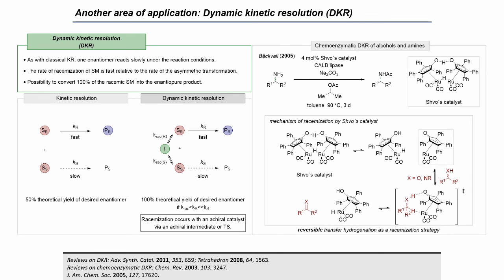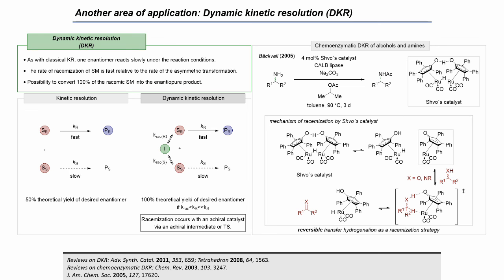The racemization occurs via a combination of dehydrogenation of the chiral amine and re-addition of the hydrogen to the imine intermediate. Subsequent acylation mediated by the lipase, relying on isopropyl acetate as the acylating agent in combination with sodium carbonate, then affords the optically pure products.